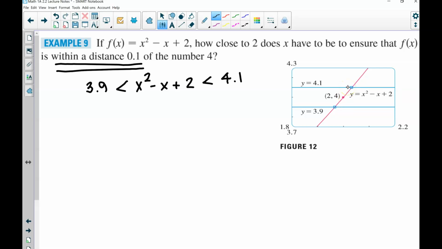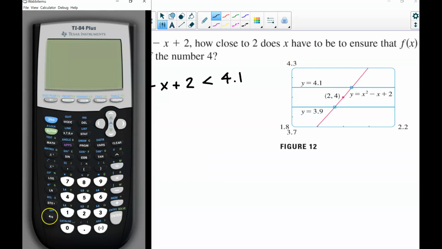Then similarly, the curve intersects the line y equals 4.1 when x is approximately 2.003. So let's take a look at that on our graphing calculator.